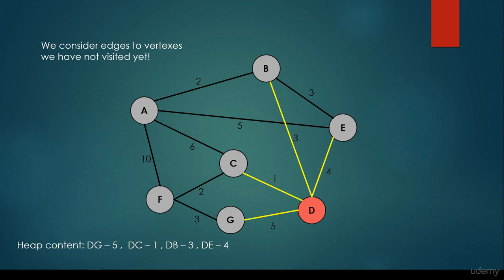Okay. What's the next step in the Prim's-Jarník algorithm? We get the edge with the minimum edge weight from the heap. It's very easy because we just have to get the root node of the heap. It's going to be edge DC with edge weight 1, and we set this vertex to be visited. Why is it important? Because the algorithm is going to iterate as long as there are some unvisited vertices in the graph.